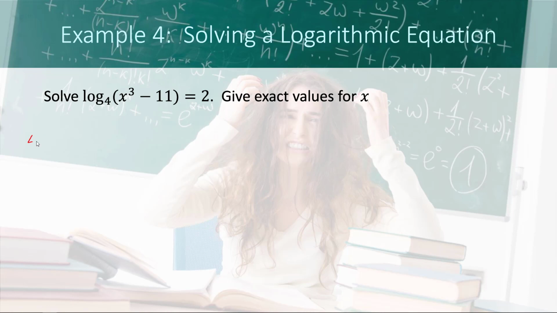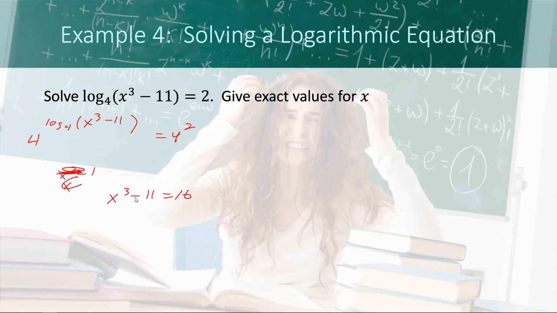If we do, we will have 4 raised to the log base 4 of x cubed minus 11, and that will be equal to 4 squared, which is 16. Well, 4 raised to the log base 4 of x cubed minus 11 is just simply x cubed minus 11, and that will be equal to 16.